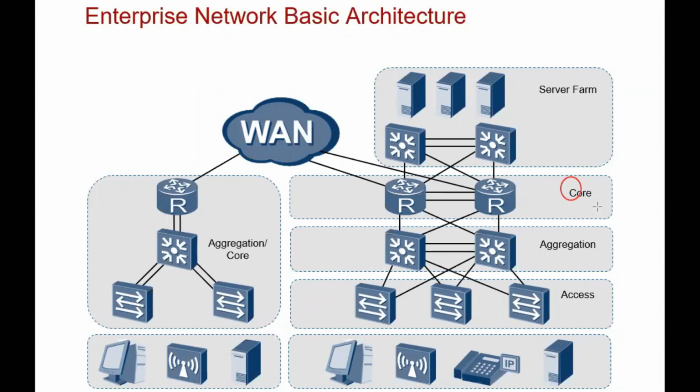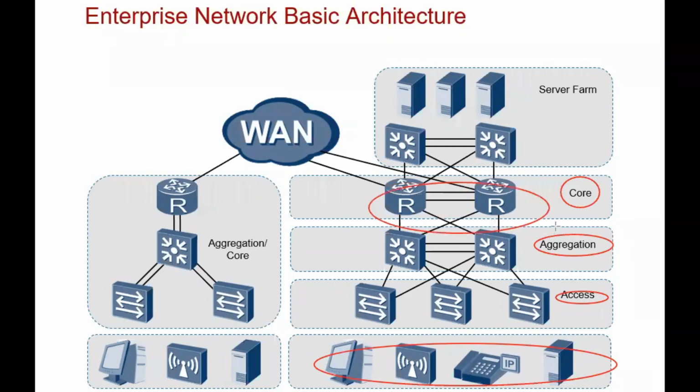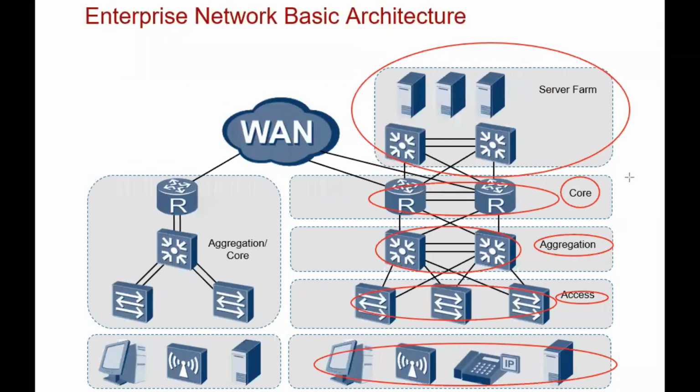The core layer that interconnects you to your ISP, the aggregation layer, where all the traffic congregates from the access layer. Then the access layer that provides connectivity to the end devices. So these are the end devices. Please remember that. Also remember that this is a router, these are routers. Remember that this is a layer 3 switch, this is a layer 2 switch. And also remember the DMZ.